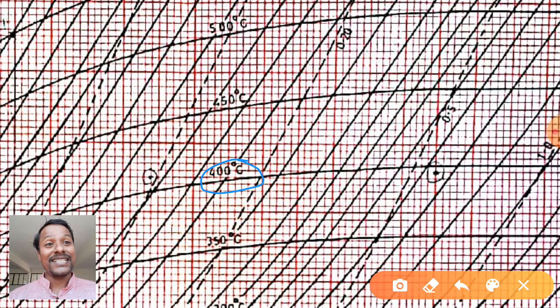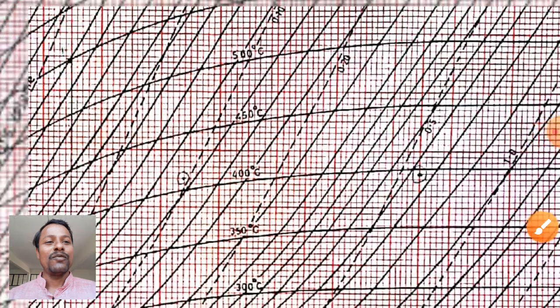Again, 410 is not available, so based upon this distance, count the divisions and identify a 410 degrees Celsius constant temperature line. Wherever both intersect, we need to mark that as point 1. So this is our point 1, the state 1 that we have indicated.